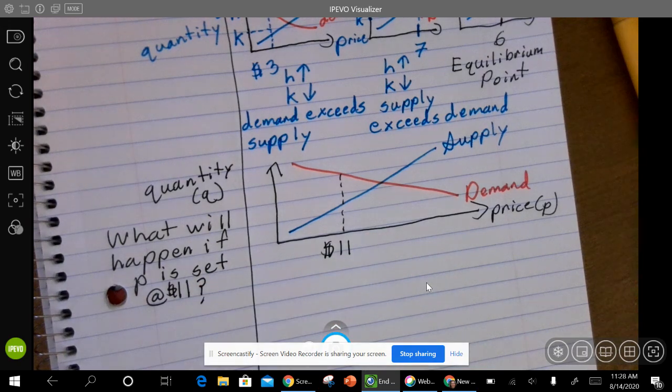Okay, so the price is going to exceed the demand.